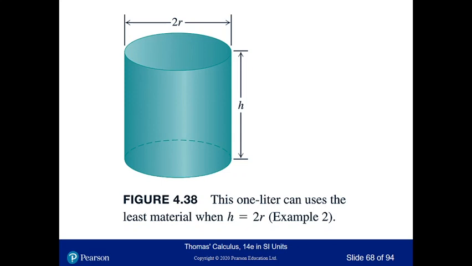When you graduate as an engineer from the school and start working, you may work in the production area of a company or factory, and they may ask you to build a cylinder like that, a can that's going to use the least material, because they want to save money from the cost of the material.